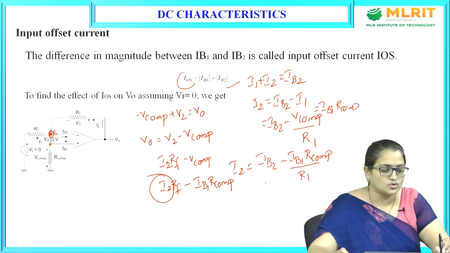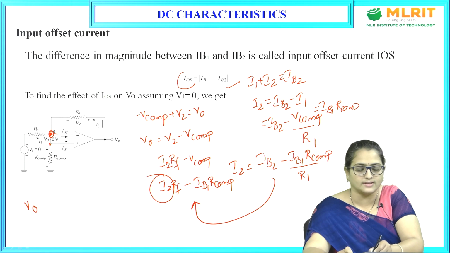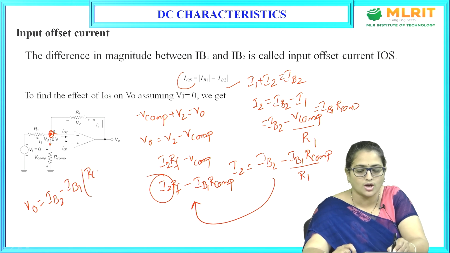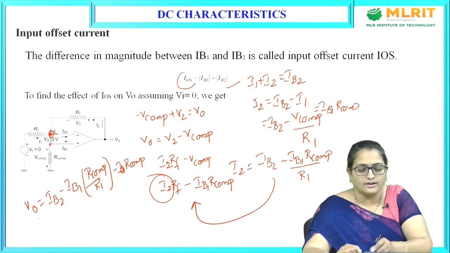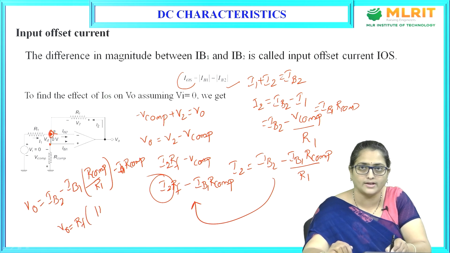If you substitute the I2 in this equation, you can write V0 is equal to I2, as IB2 minus IB1 into R compensator divided by R1, minus IB1 into R compensator. If you simplify this expression, finally we can get V0 is equal to RF into the magnitude of IB2 minus the magnitude of IB1.